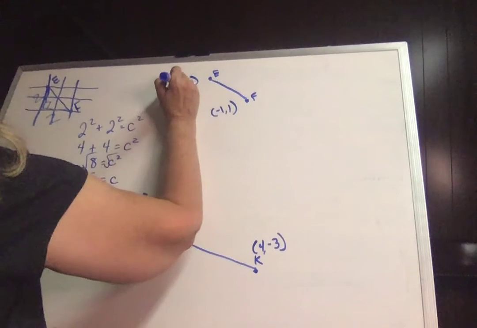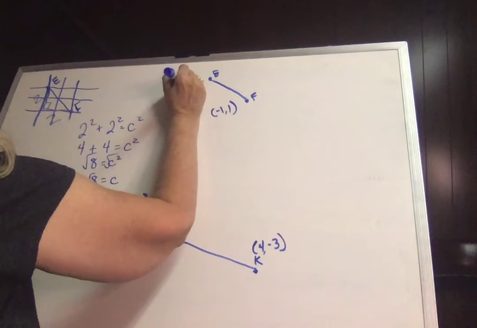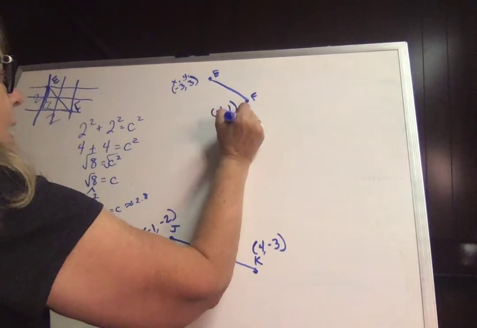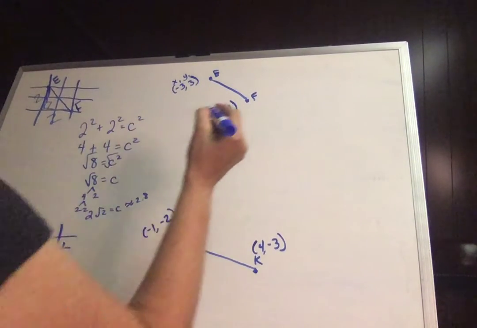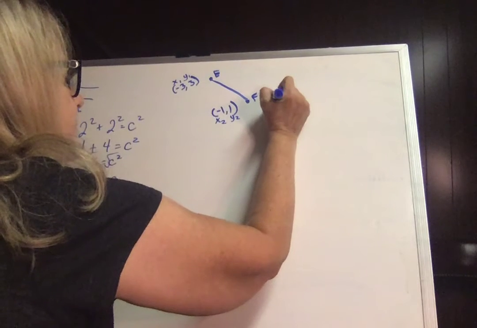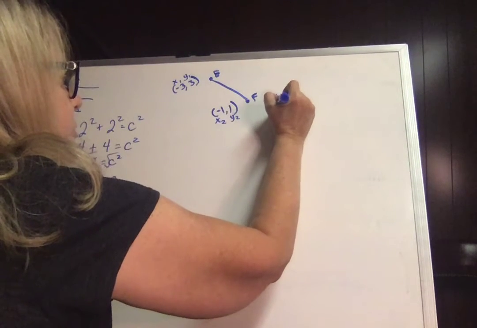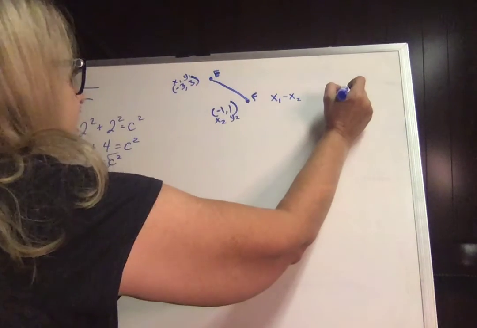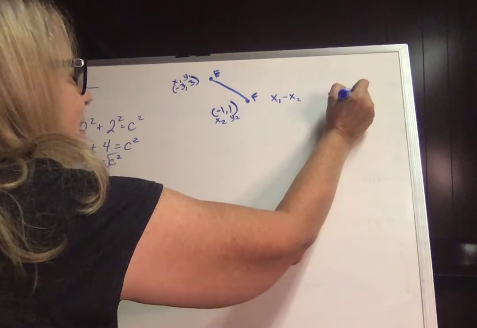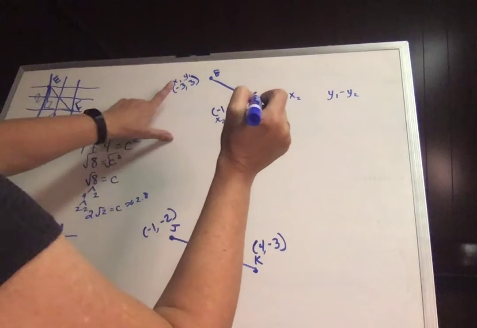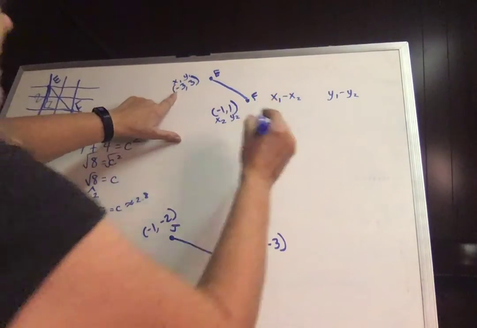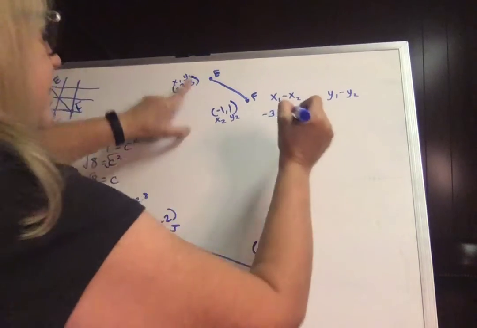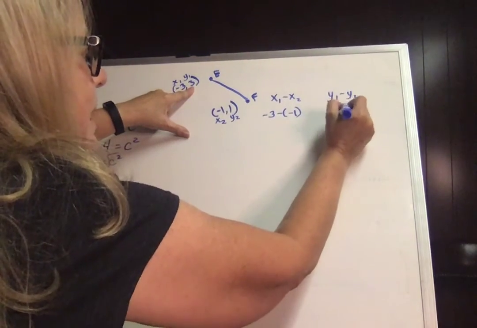So let's look at this. This is the first x and the first y. The second x and the second y. We said we subtracted. So the first x minus the second x, the first y minus the second y. And let's look at that. The first x was negative 3 minus negative 1. 3 minus 1.